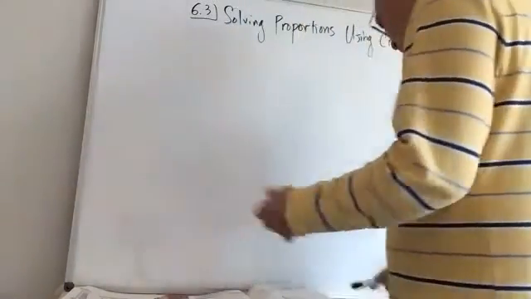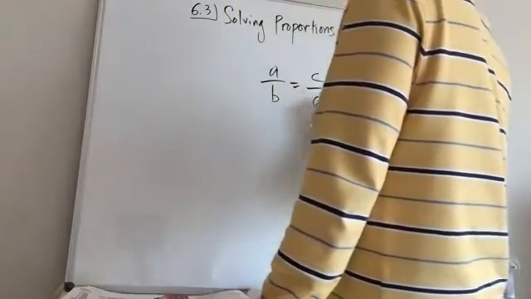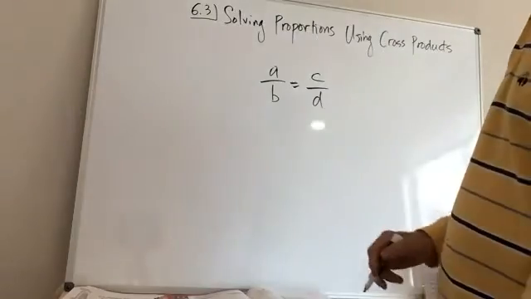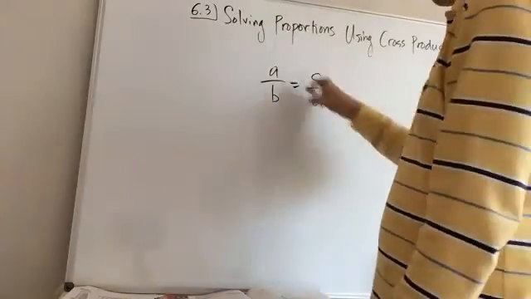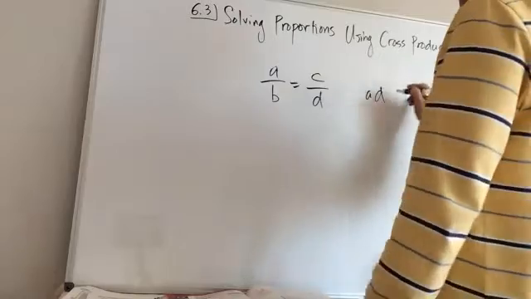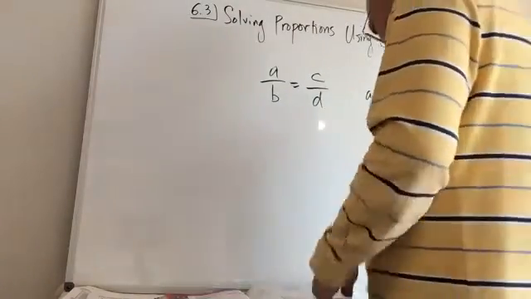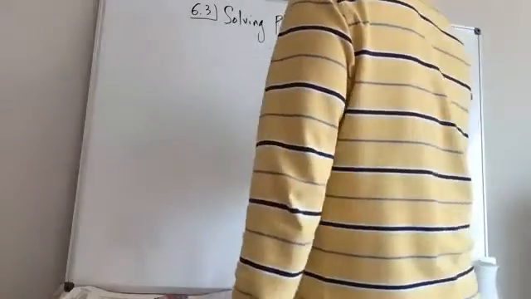All right, so it's pretty simple. If you want to do it in algebra, you can say if these two form a proportion, AD, the cross product here, is equal to BC. Okay? All right, so let's go ahead and do example number 2.